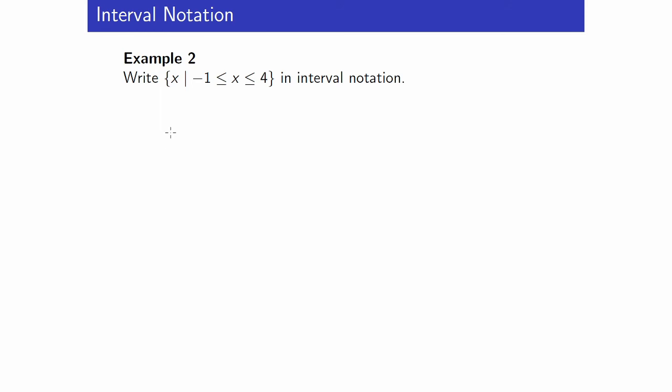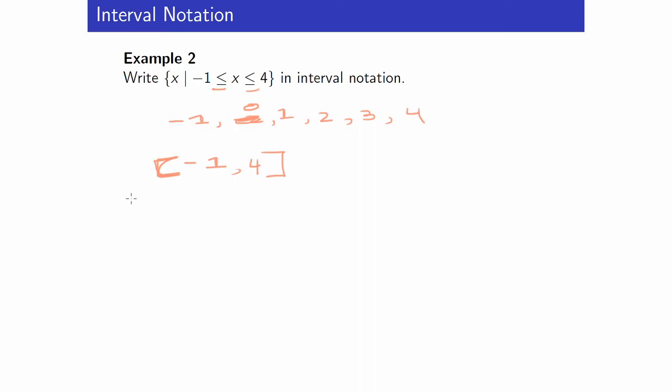So that means it goes -1, 0, 1, 2, 3, and 4, inclusive. So the left-hand side means the left bound is inclusive, and this means the right bound is inclusive. So we get square bracket -1, 4, square bracket.